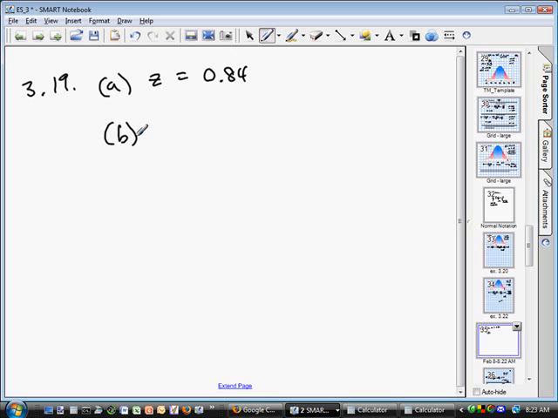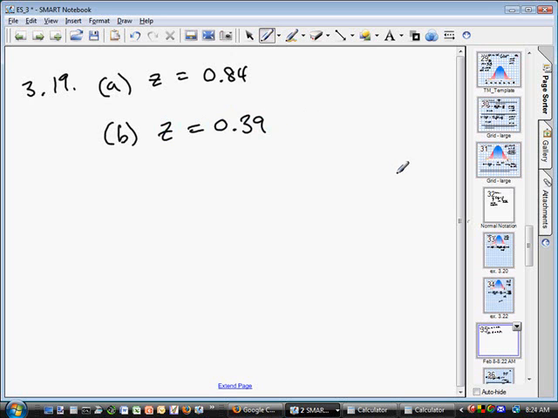Well, it's a little bit closer to, what do you get? 0.39? It's a little closer to 9 than 8, isn't it? 0.39. And that's the end of that one.